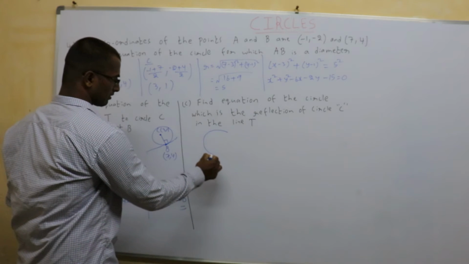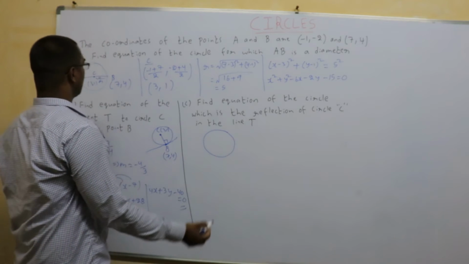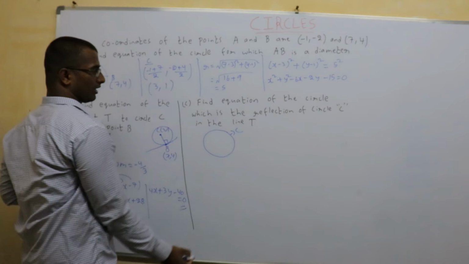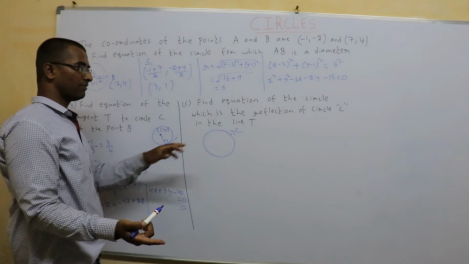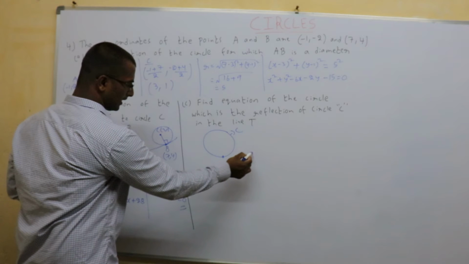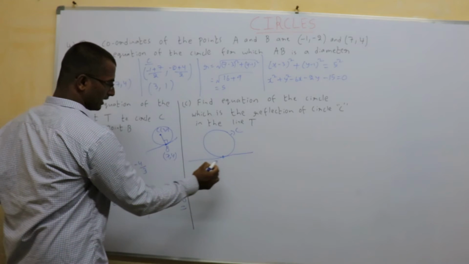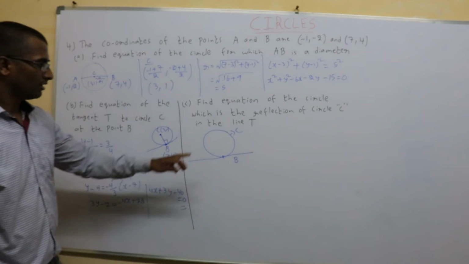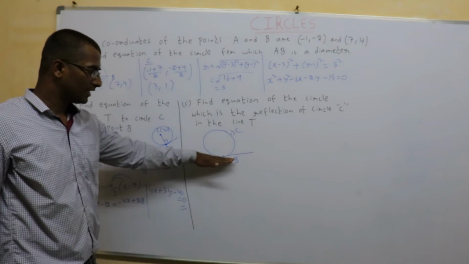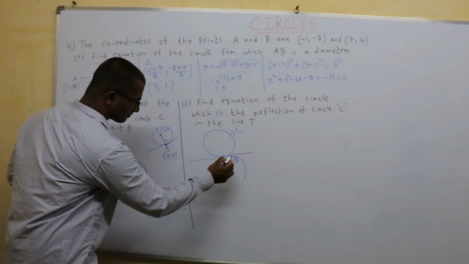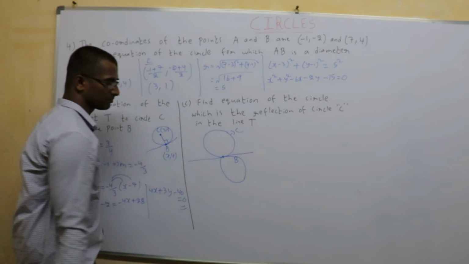Means, this is the circle equation which we have, C. I need to find another circle equation which is the reflection of this on the line T. T is nothing but this tangent drawn at B. This reflection on this line will be another circle, right?